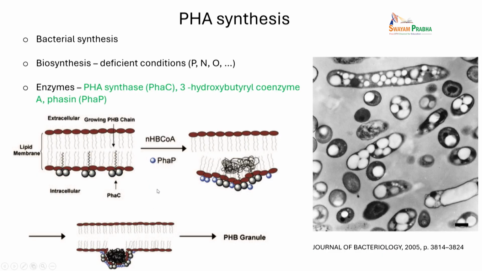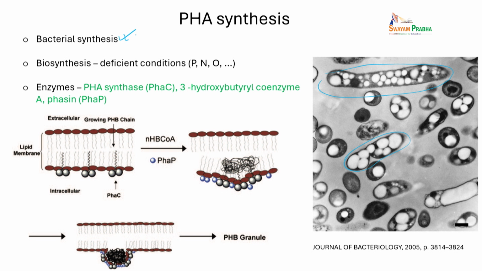In terms of synthesis, this TEM diagram shows the entire cell, and you see these white colored granules. Those are basically PHB. Each cell has one or many PHA granules.